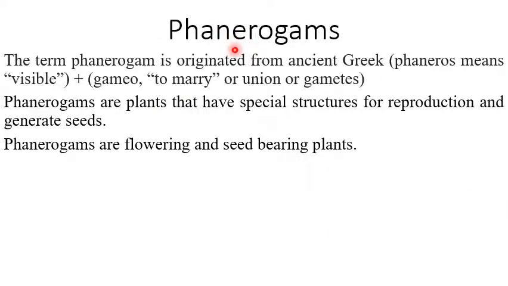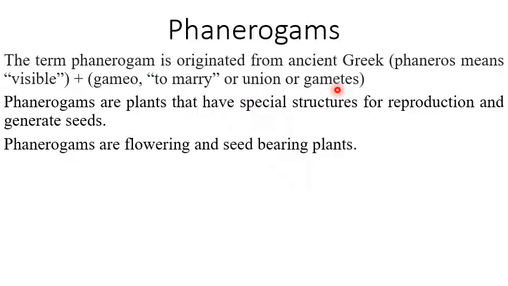So let us begin with the understanding of phanerogams. The term phanerogam originated from two ancient Greek words. The first word is phaneros, which means visible, you can see them, and the other word is gameo or gamos, whose English meaning is to marry, or union, or gametes.